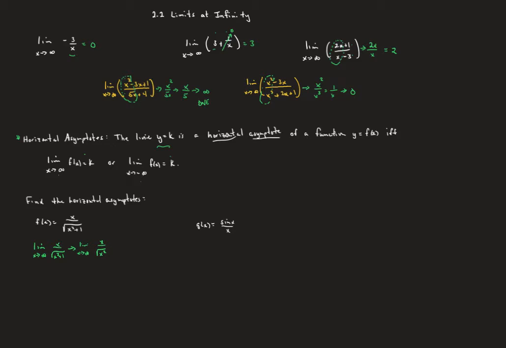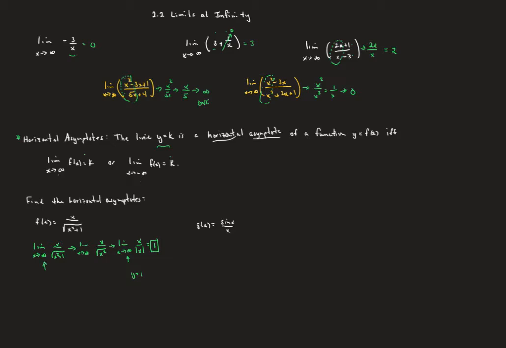And so I don't like to use equal signs there, so I'm going to say that's going to act more and more like, and now here's where you have to be careful, because the square root of x squared is not actually just x, it's the absolute value of x. Now, since we're going to positive infinity, it doesn't really matter, because 1,000 over the absolute value of 1,000, 1,000,000 over the absolute value of 1,000,000 is always going to be 1, and so that's going to be our limit. And so we have y equals 1 is a horizontal asymptote to the right, since that's going to positive infinity.